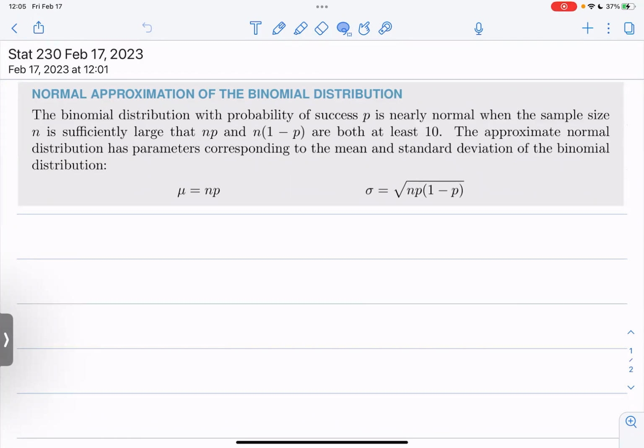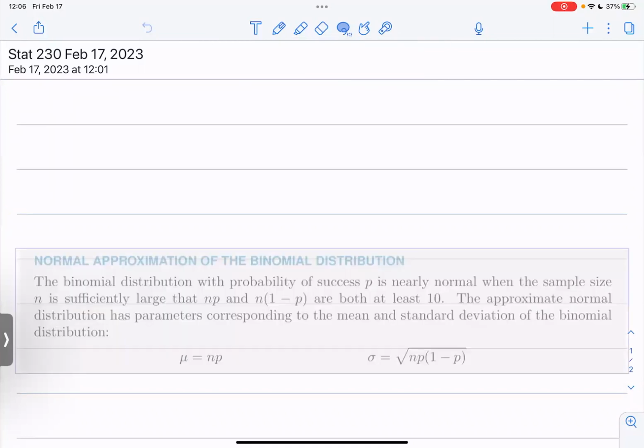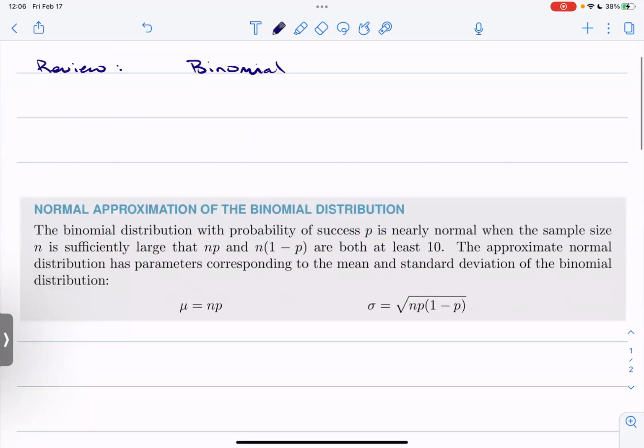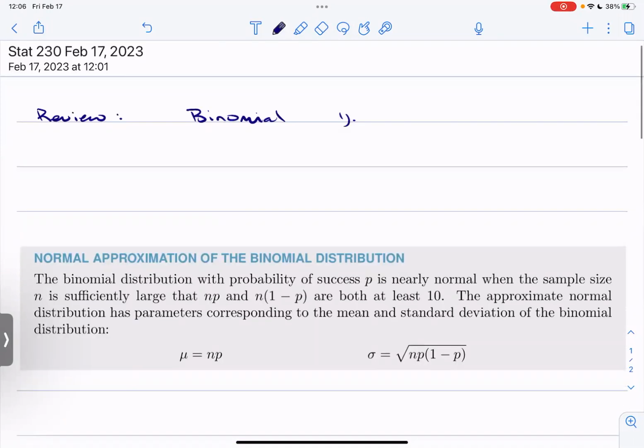First, a tiny bit of review. A binomial is when we have independent outcomes and only 2 possible outcomes.